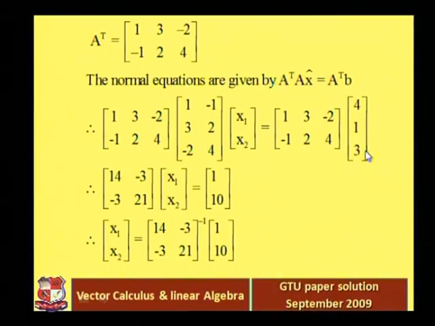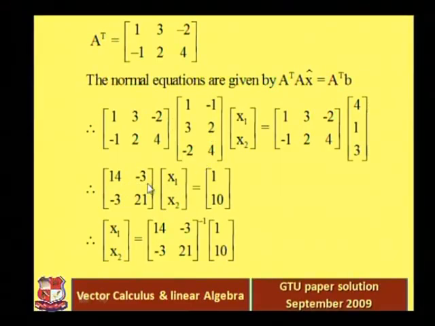So in the multiplication of these two matrices, you can see 1 into 1 is 1, plus 3 into 3 is 9, plus 4, so 9 plus 4 is 13, plus 1 is 14. Again 1 minus 1 plus 6 is 5, minus 8 gives minus 3.